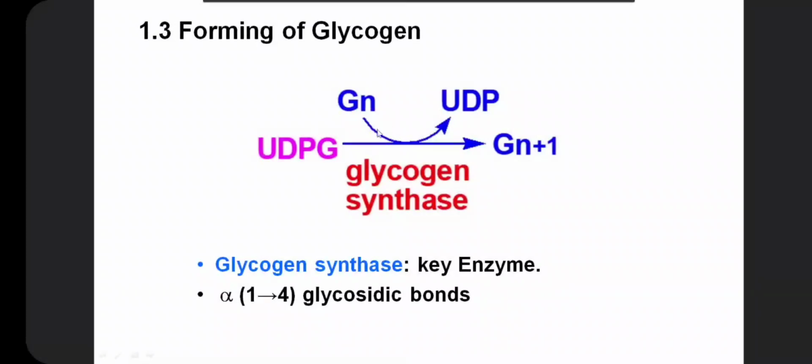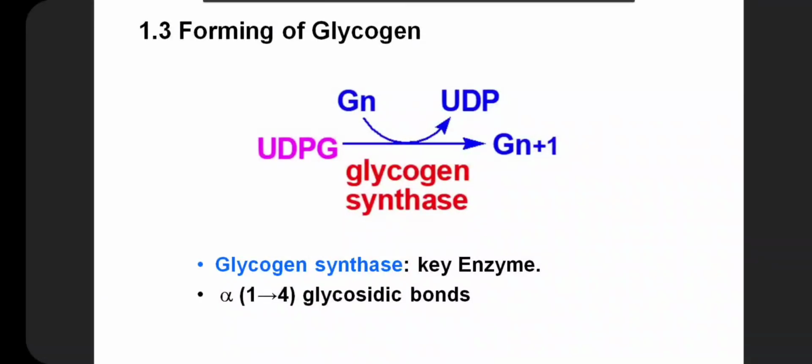And then in this reaction, the UDP is liberated or released. Addition of glucose residues to a glycogen chain or primer occurs at the non-reducing end, the outer end of the molecule, so that the branches of the glycogen molecule become elongated as successive 1,4 linkages are formed.